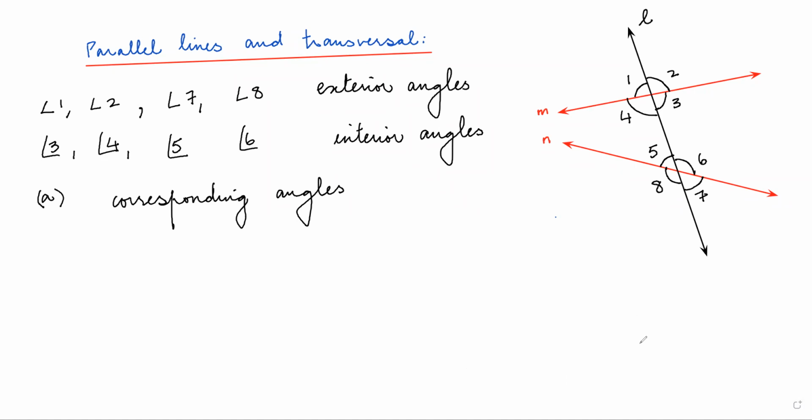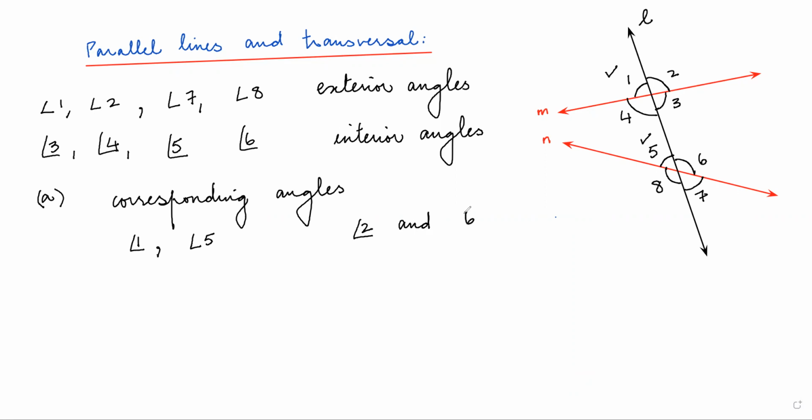Here, based upon the same concept, can you tell which angle is the corresponding angle of angle 1? Angle 1 and angle 5. These two angles are corresponding angles. Similarly, angle 2 and angle 6.